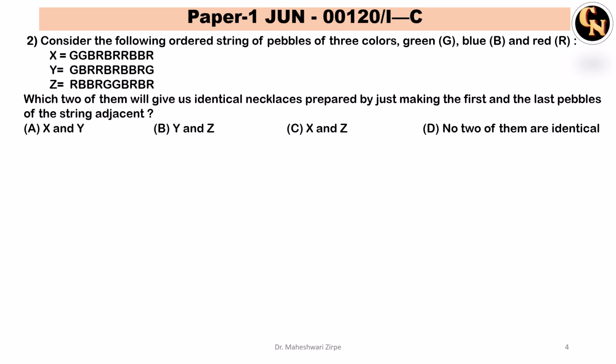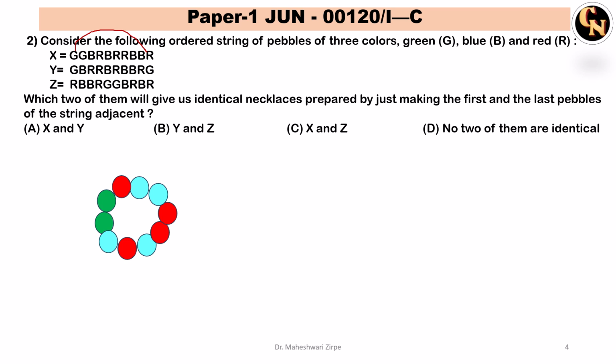So basically we have to join these 2 pebbles, the first and last, and see which of the 2 will show an identical necklace, whether X, Y is identical, Y, Z is identical, X, Z is identical, or none of them are identical. Let us find.